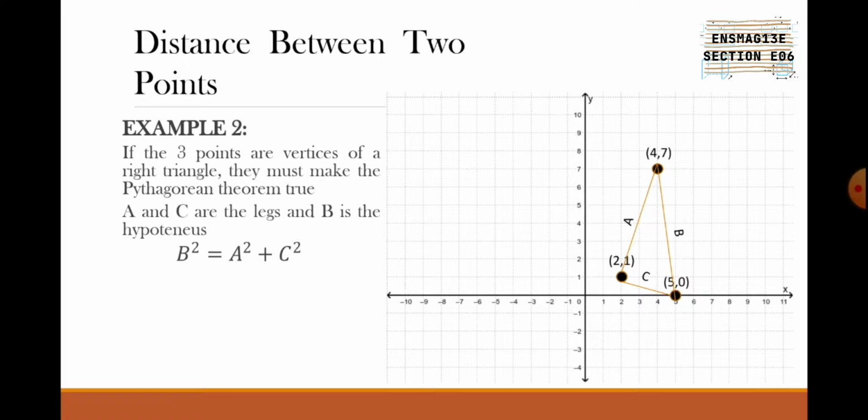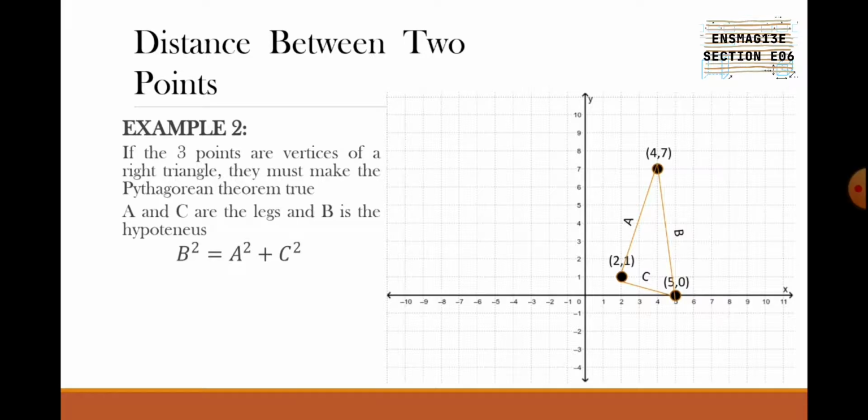So, the common formula that we know is that c squared is equal to a squared plus b squared, wherein your hypotenuse is the letter c. But in our problem here, our hypotenuse is represented by letter b. So that is why we are using the formula b squared is equal to a squared plus c squared. So please do not be confused with that one. It is just a matter of notations or using symbols for it.